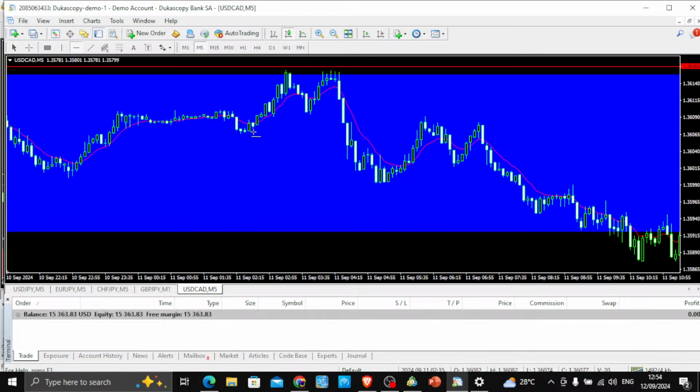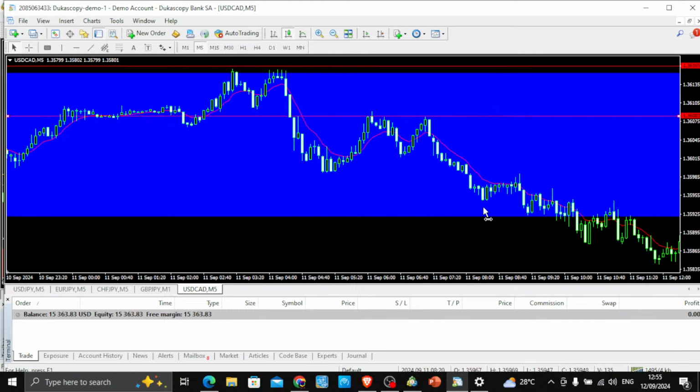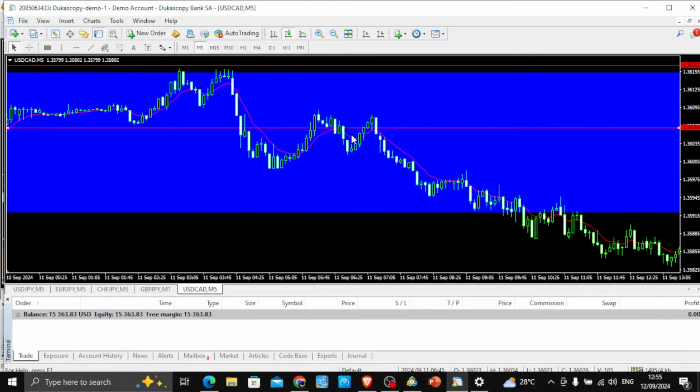The previous swing low, it went down here, which is, it has made a lower low, moved up, then broke this. It broke it.